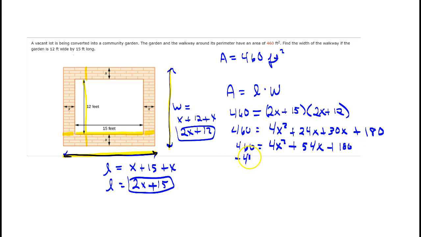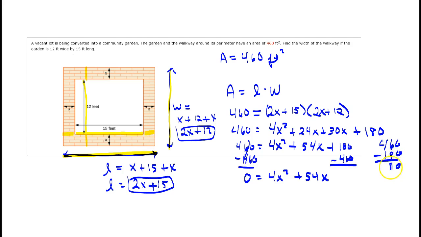Since we're solving a quadratic, we want to set it equal to 0. So subtract 460 from both sides. That becomes 0 equals 4x squared plus 54x, and then 180 minus 460. 460 minus 180 is going to be what? 280.